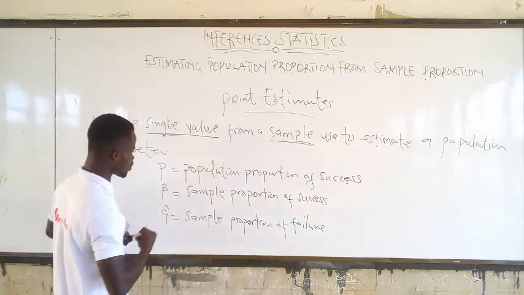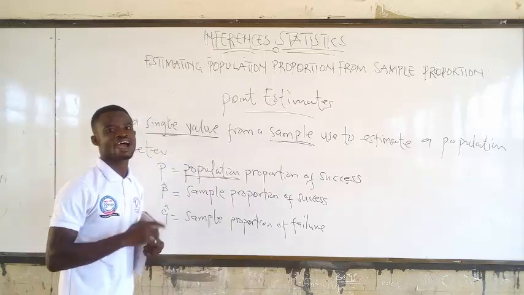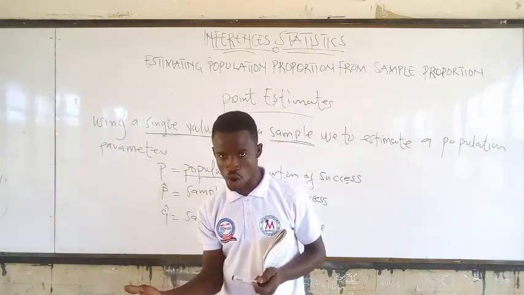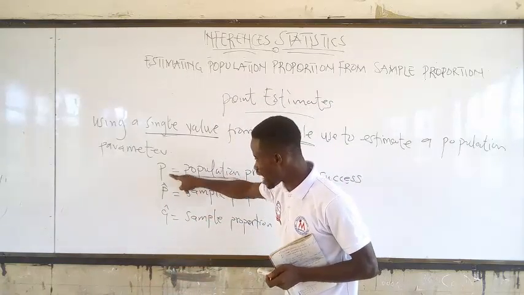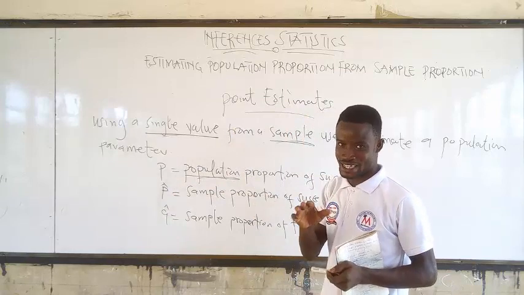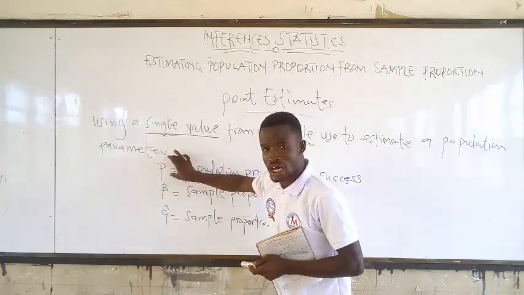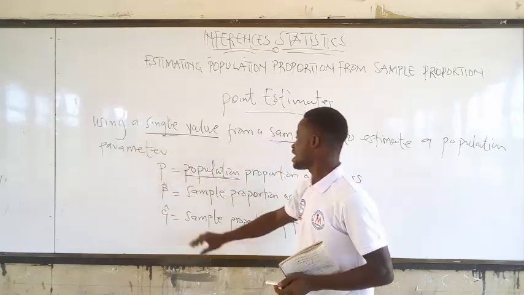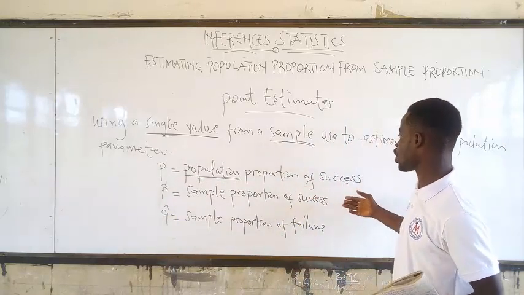Take note, this is the population proportion of success. I know you know that P is always the success, Q is always the failure, right? But here, you can see that we have P and P hat. I'll use that word to identify it, so don't worry. So anytime you hear me saying P hat, I mean this.